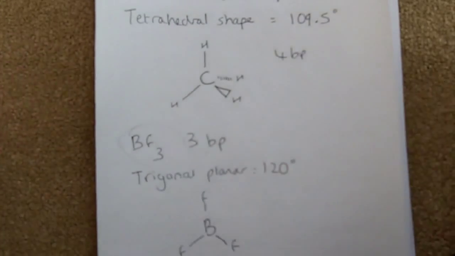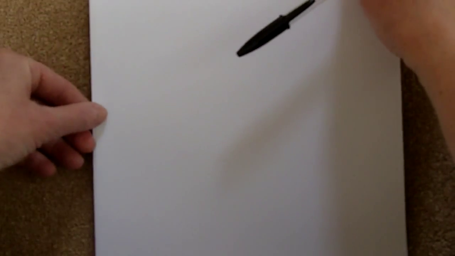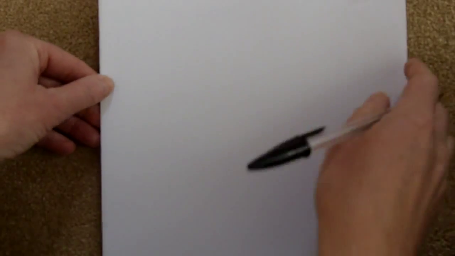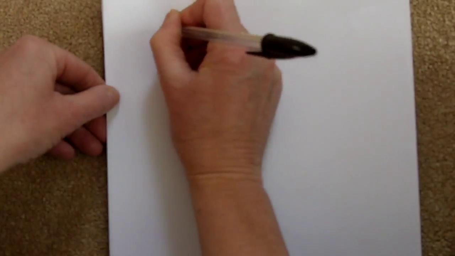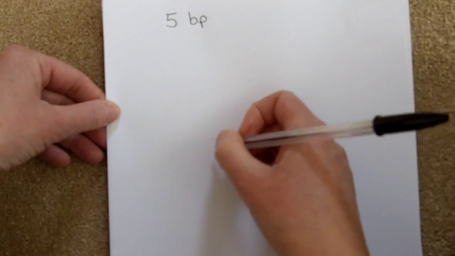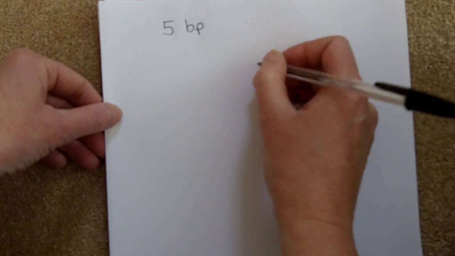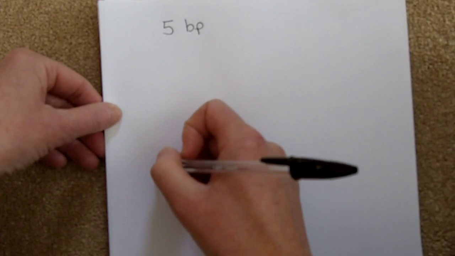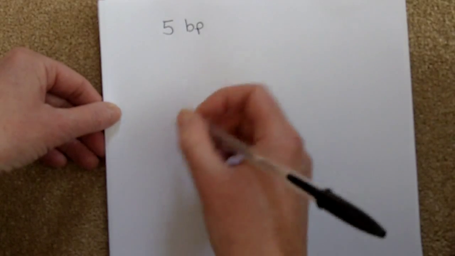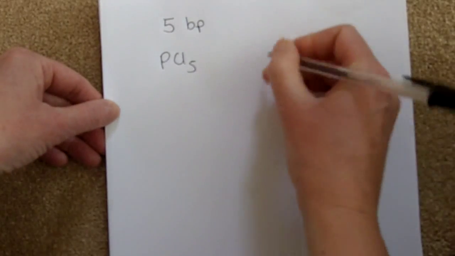If something has got 5 bond pairs, the shape that it takes, now this is very unusual for A-level chemistry to be asked, is shown by PCl5.